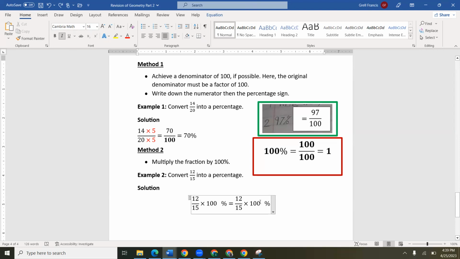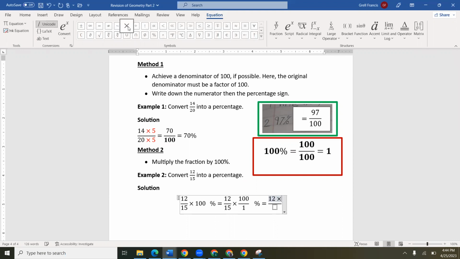So now let's put 100 over 1, to make it look like we are multiplying two fractions. How do we multiply two fractions? If we have to multiply 12 over 15 by 100 over 1, that will be 12 times 100 over 15 times 1.